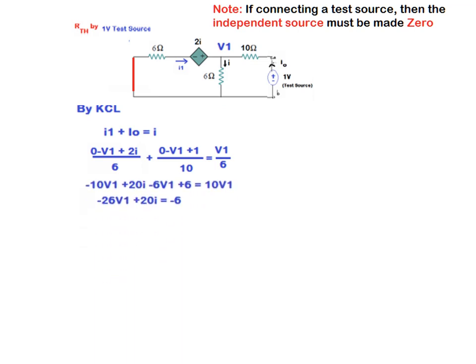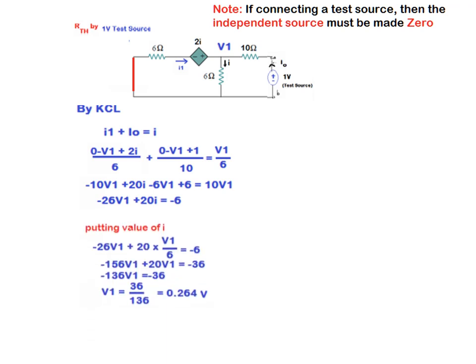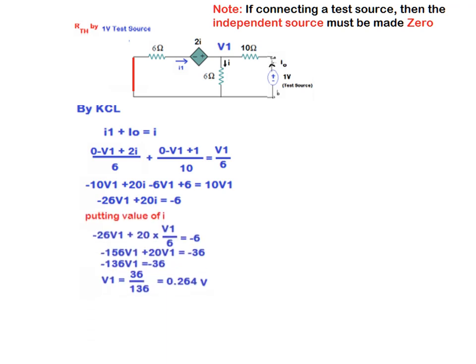By solving this, we get a simplified equation, and putting in the value of I, where I is V1 over 6, and simplifying, we get V1 to be 0.264 volt.